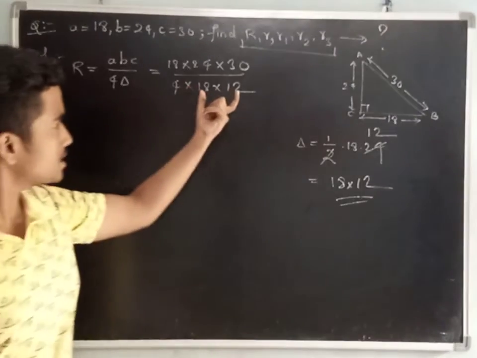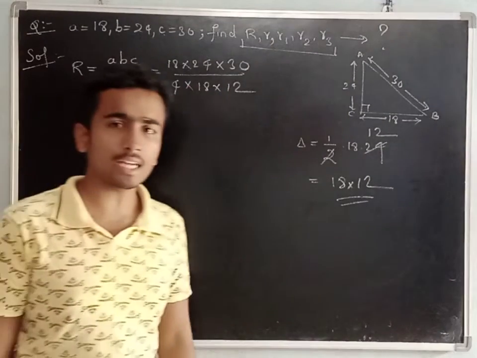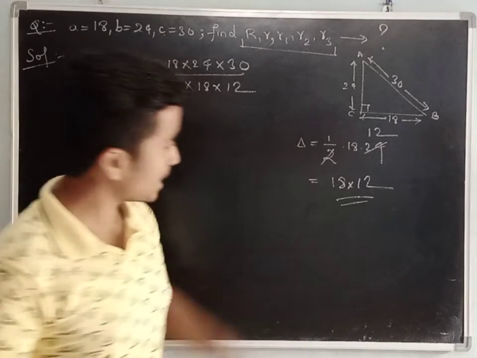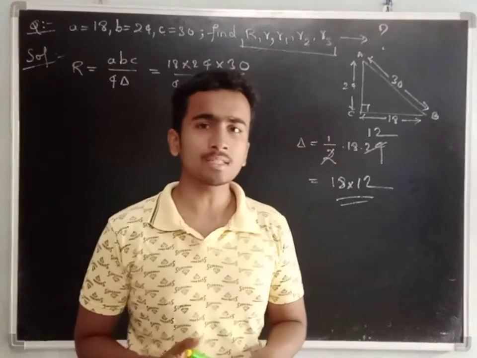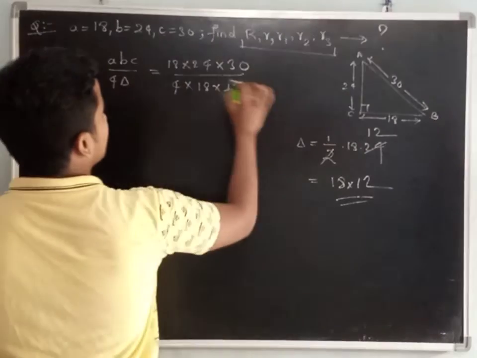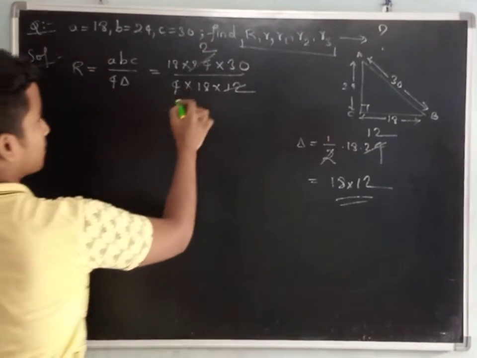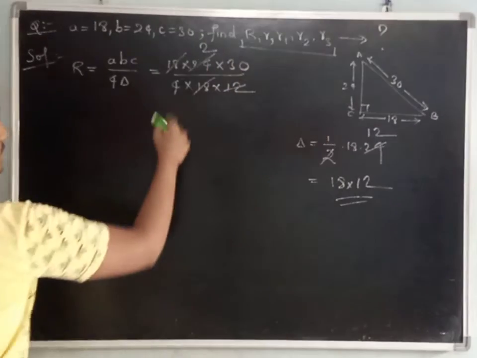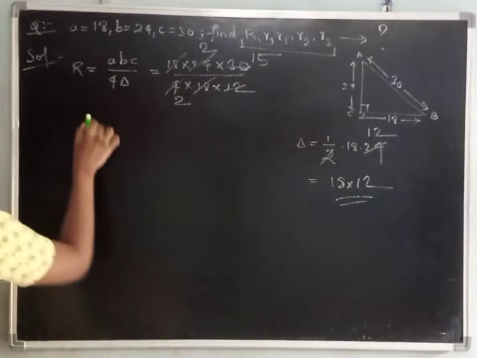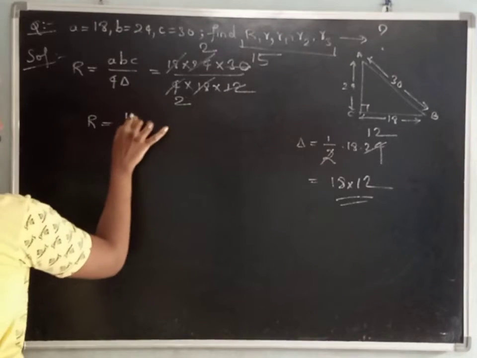If we multiply these two, further cancellation takes some time. If you keep it like this, it will be easy for us to solve numerical problems. 12 twos are 24, 18 gets cancelled, 2 fifteens are 30 gets cancelled. Capital R is equal to 15 by 2.